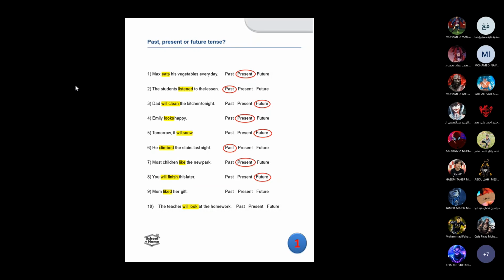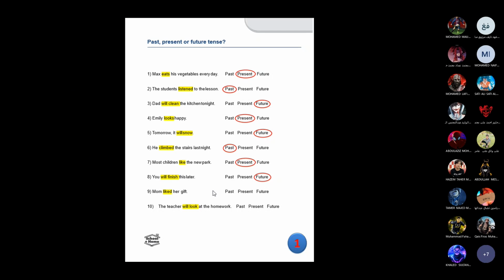Okay, Abdullah Mishal, number 9. Mom liked her gift. Past. How do you know it's past? Because ed. Yes, excellent. Because the form of the verb here, liked, ends in ed, and that refers to the past.